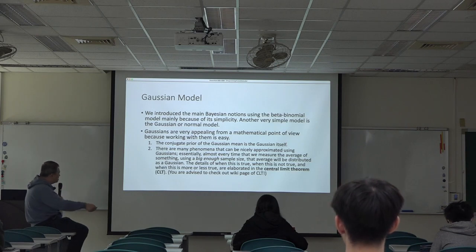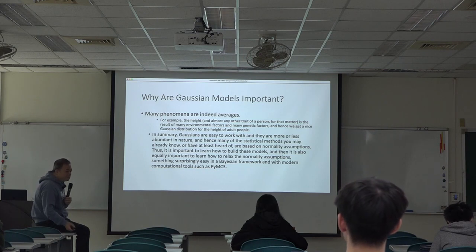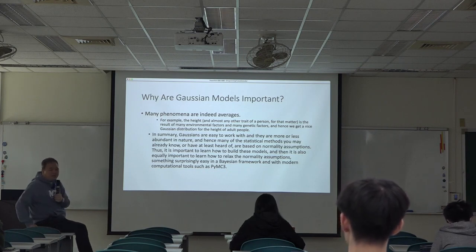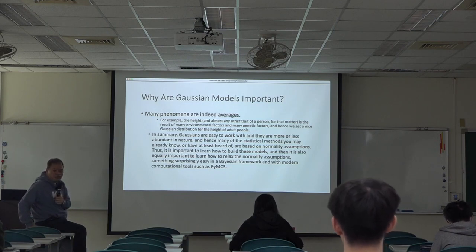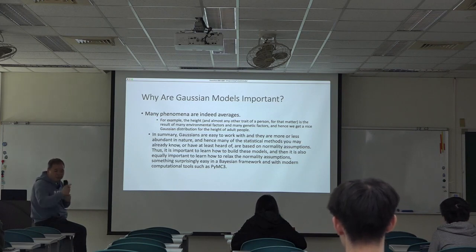Let me give you some examples. For example, the height of a person. If you remember, in the previous chapter we talked about the height of a number of American women. If you look at the distribution, it is a nice bell shape, right?